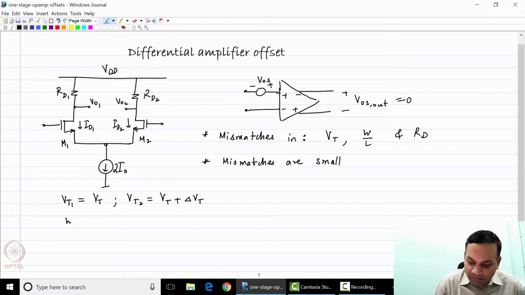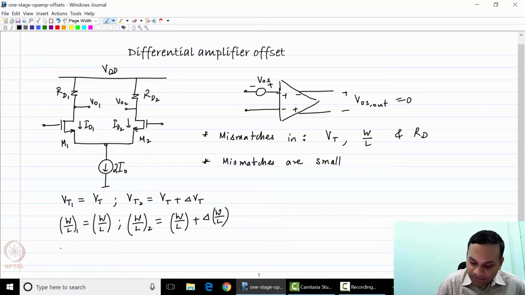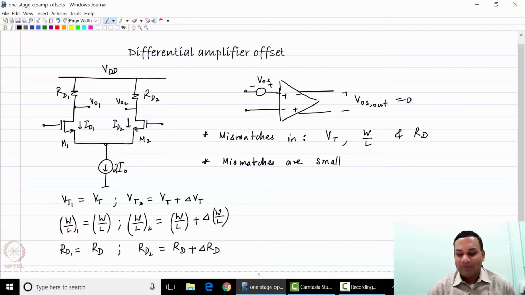And we will say W over L of 1 is W over L, W over L of 2 is W over L plus delta W over L. Finally, RD1 is equal to RD and RD2 is equal to RD plus delta RD. These are our assumptions for this amplifier.